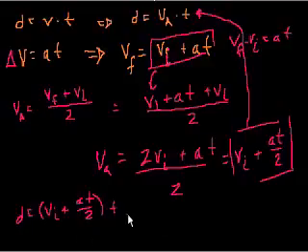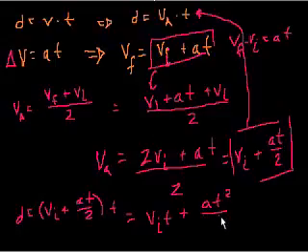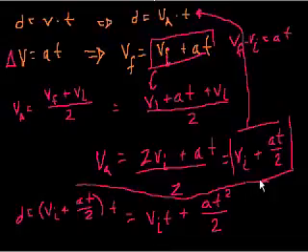And if we just distribute that t, we have the initial velocity times time plus acceleration times time squared over 2. So distance is equal to the initial velocity times time plus acceleration times time squared divided by 2.